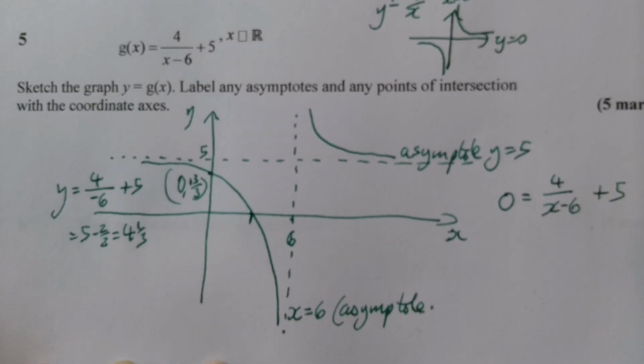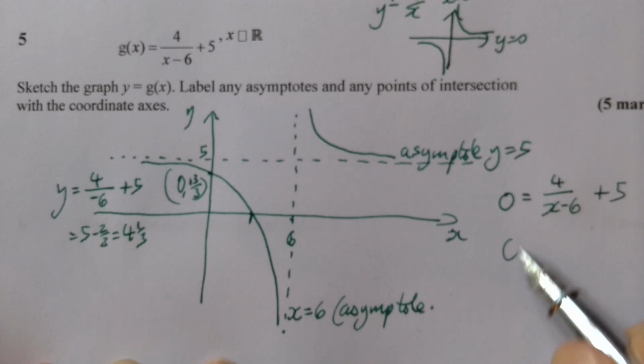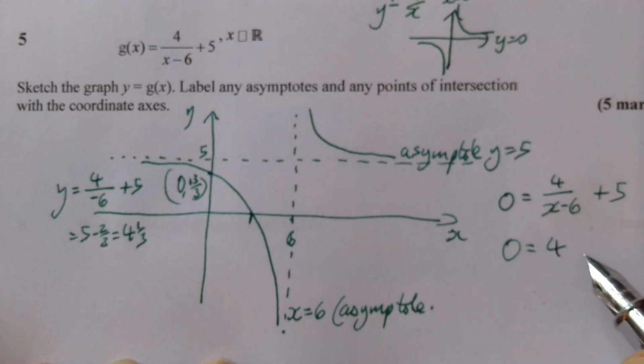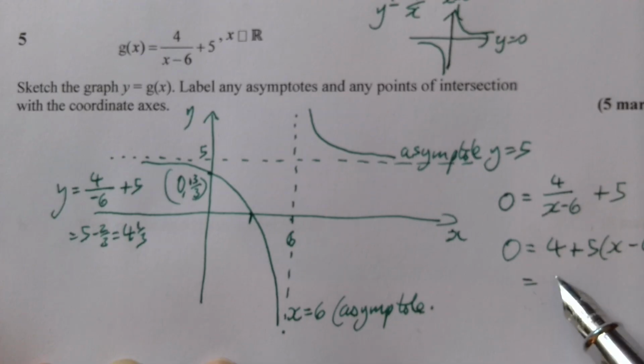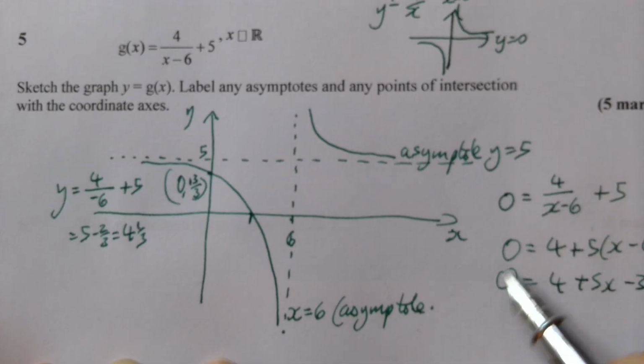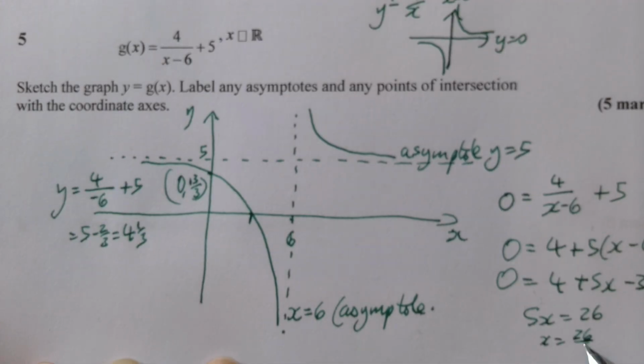So I start by multiplying everything by x minus 6, gets me 0 equals 4 plus 5 brackets x minus 6. Expand my bracket, and then that's going to make minus 26. Add that to the other side. 5x is going to equal 26. So x is 26 over 5, which is 5.2.